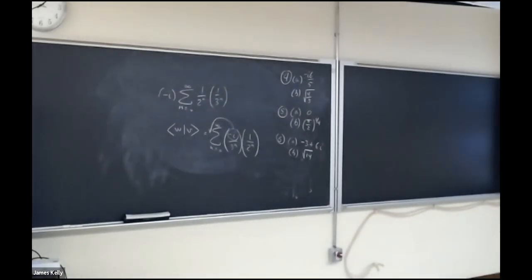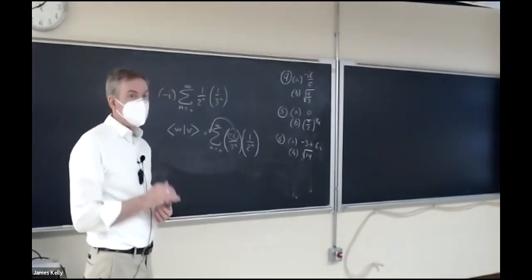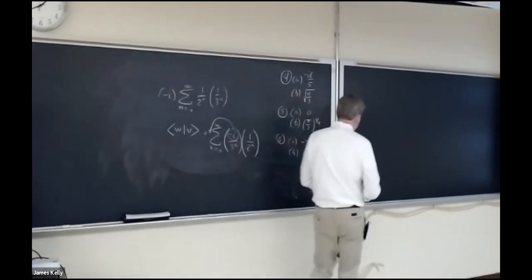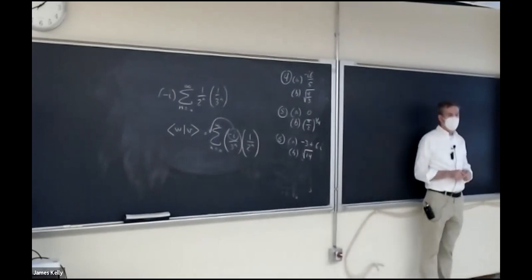Any last questions on this? Why don't you try to finish those up? I'm hoping you can do at least 4, 5, and 6 either in short order or you'll be confused about them.